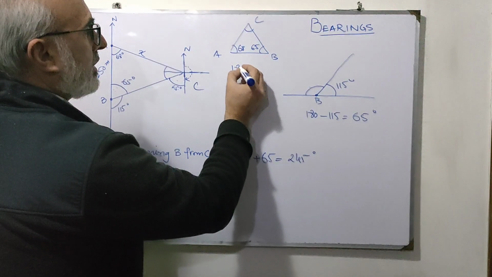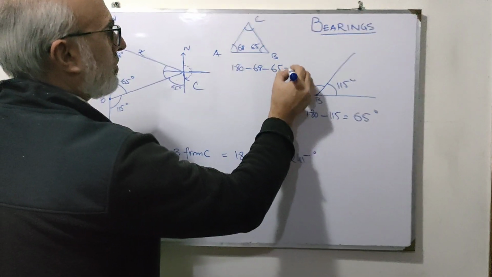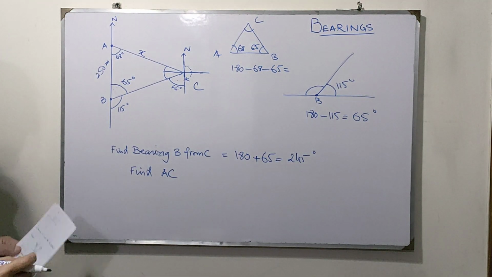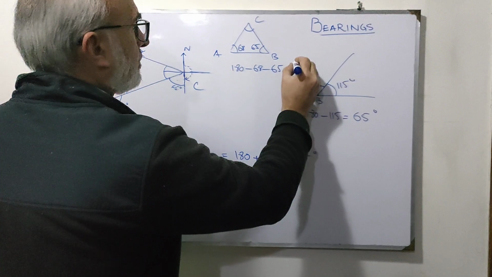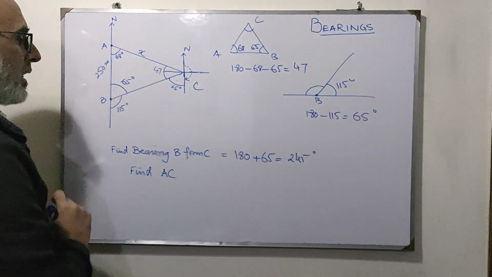So 180 minus 68 minus 65 is 47. So this angle is 47.